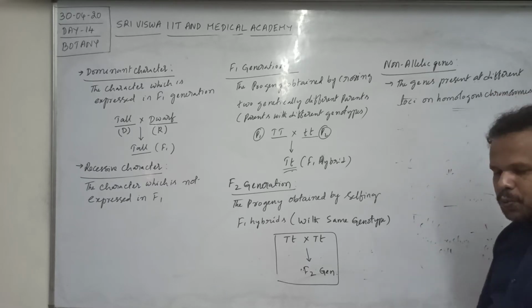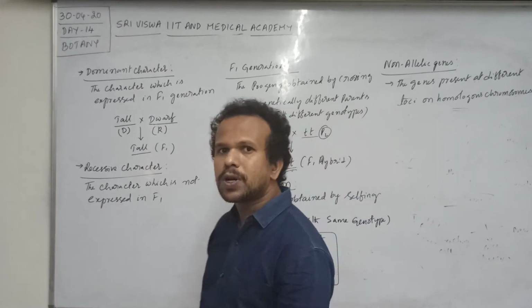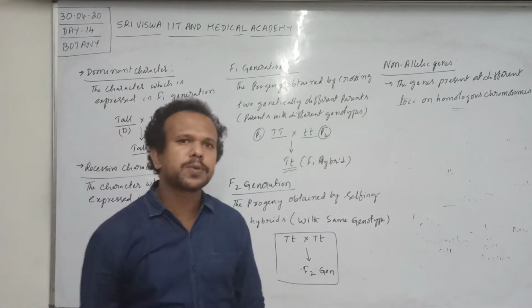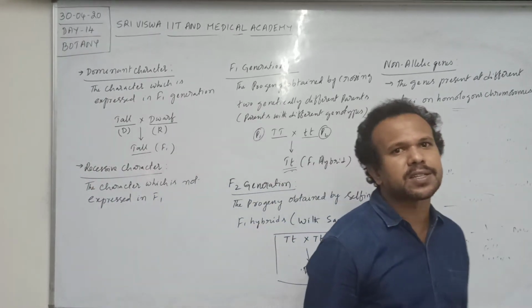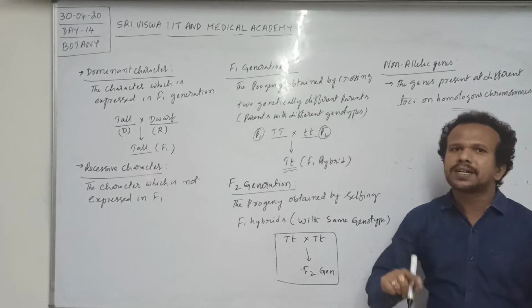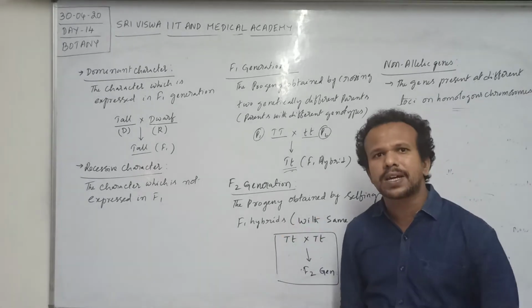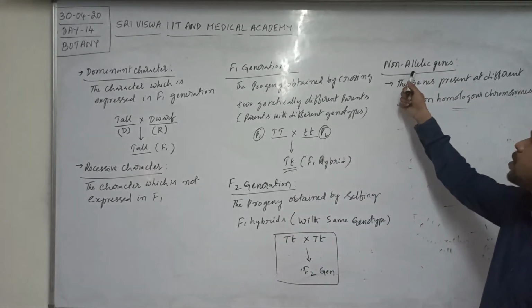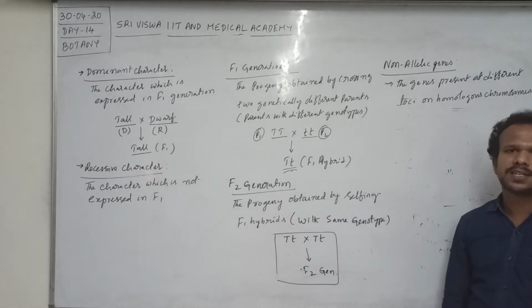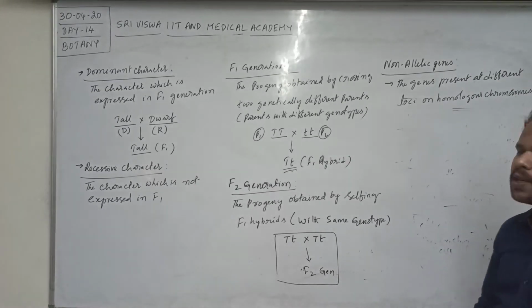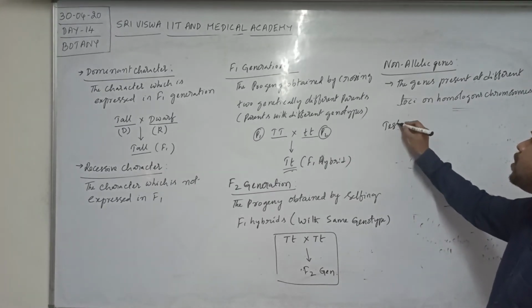Generally, the genes present at the same locus on homologous chromosomes are called allelic genes. The genes present at different positions, at different gene loci on homologous chromosomes are called non-allelic genes.